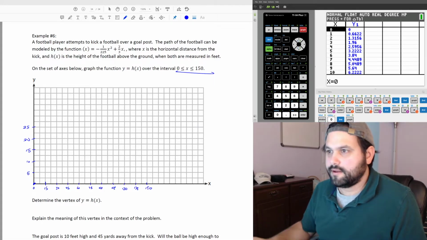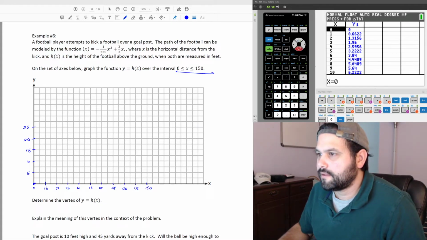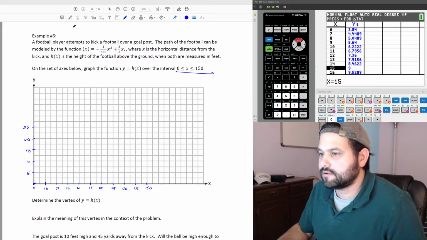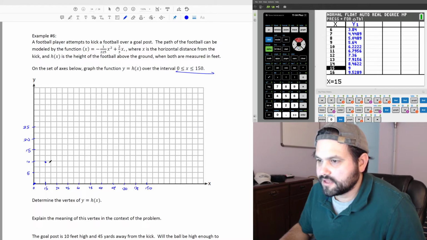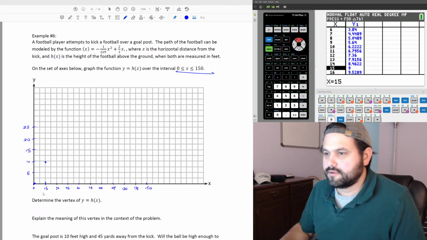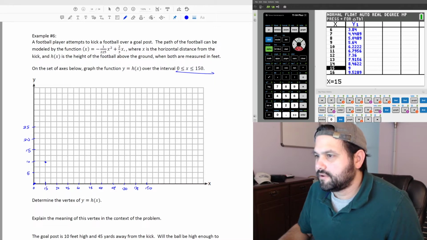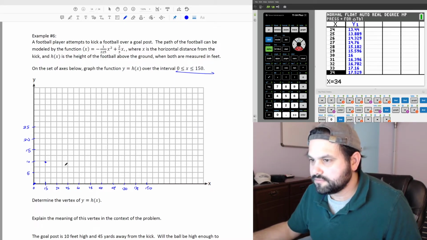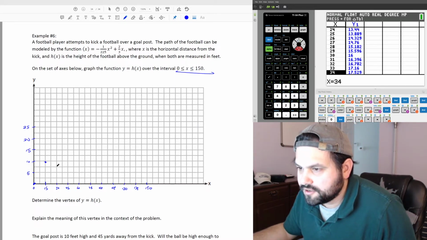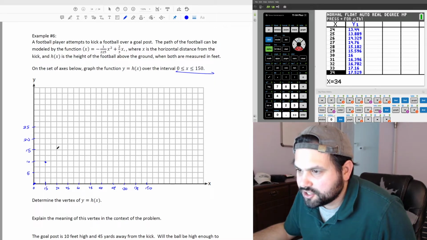And then 15, 9. So 15, 9 would be right about there. That's what happens when I don't use a pen. And then 30, 16.